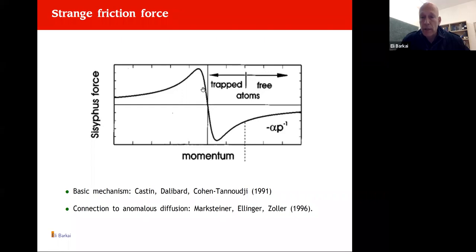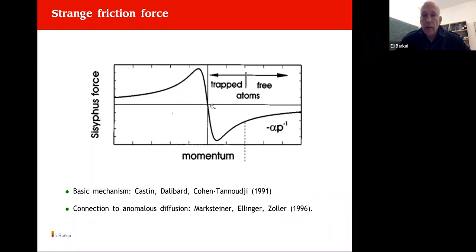You see here it's linear, like usual Stokes friction as a function of P. But then as you go to large momentum, this friction, instead of increasing with momentum, decays like momentum to the power -1. And that means that if there is some fluctuation and you go to high velocities, then the friction is going to be not so good. It's going to be very weak.